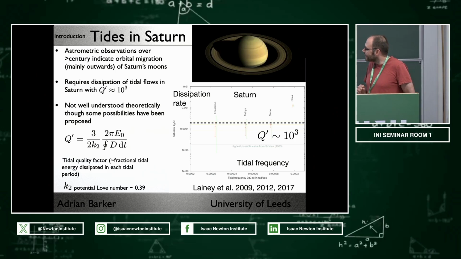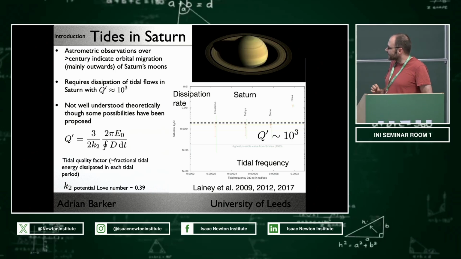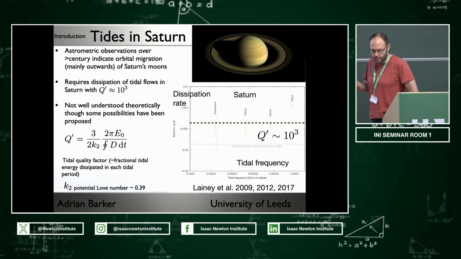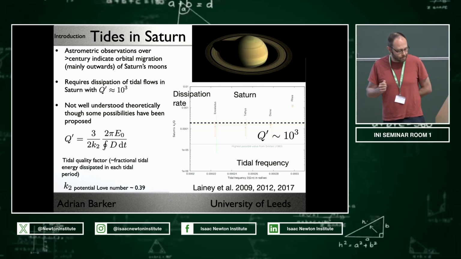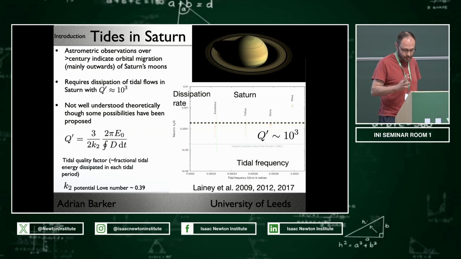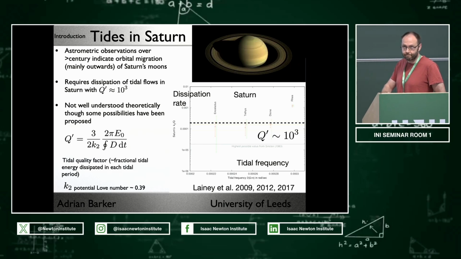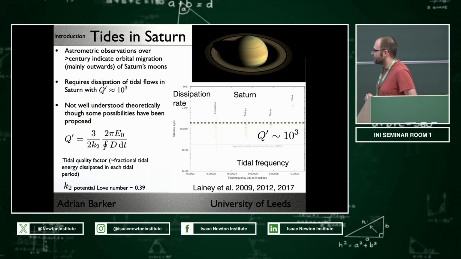And these we can interpret using a very complicated model, taking into account general relativistic effects, gravitational perturbations with the rings of Saturn, and oblateness of Saturn, and lots of complicated effects. But what we can get from these models is we can constrain the efficiency of dissipation inside Saturn and inside Jupiter.